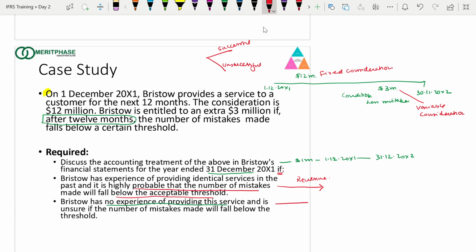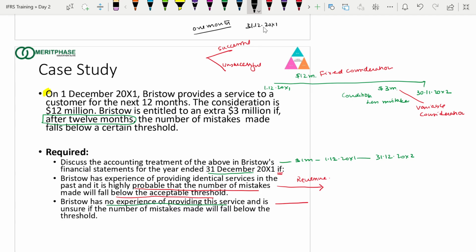See, there are two things, successful and unsuccessful, and we have to mention what the revenue will be on 31st December. It's very clear that the revenue is only for 1 month.